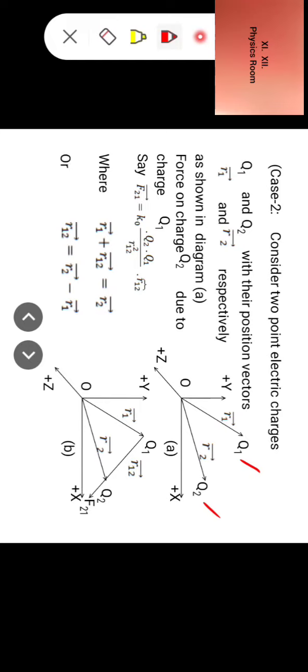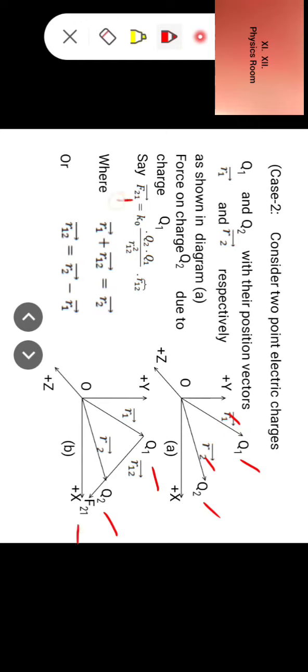Now consider again the same two point electric charges Q1 and Q2 with their position vectors R1 and R2 respectively, as shown in diagram A. The force on charge Q2 due to Q1 is, say, F21.